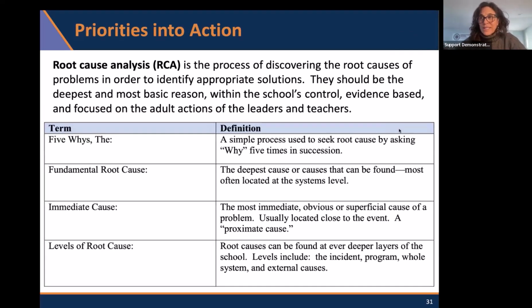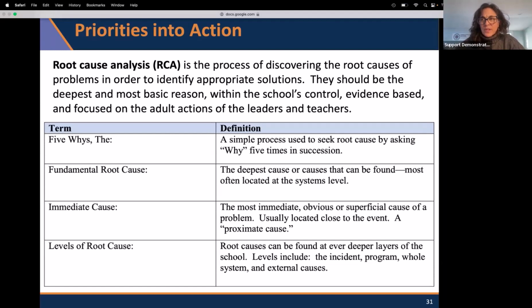So root cause analysis, they make it into such a big thing. I always felt when I started doing this work, wow, it must be something very mysterious, but it's really not very mysterious. You are simply discovering the causes of the problems that you've identified so that you can line up appropriate solutions, right?